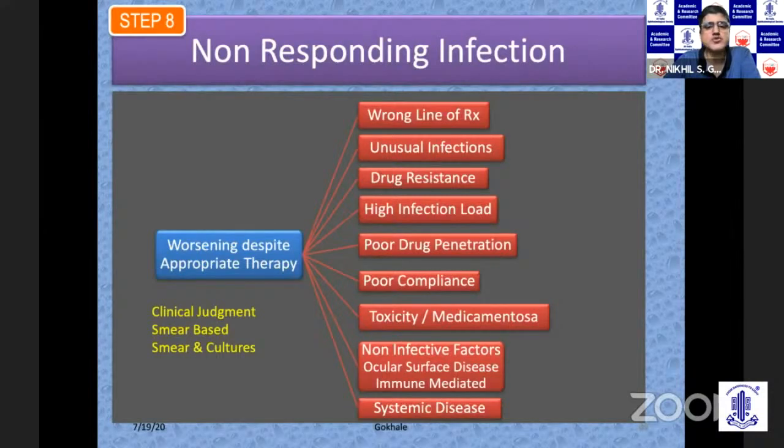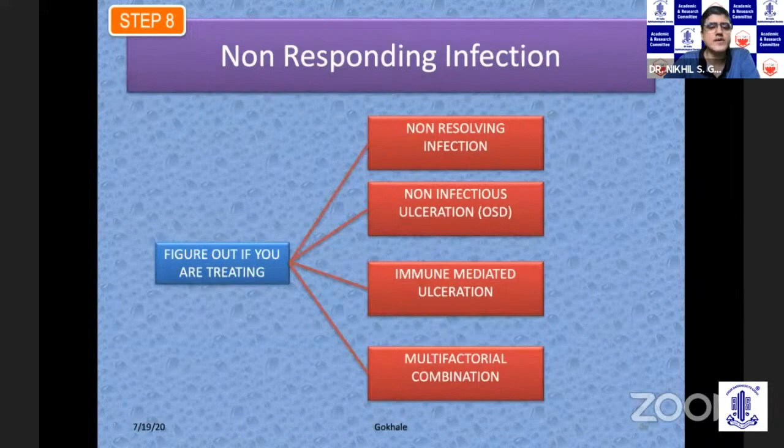There may be issues of poor drug penetration. Not to say you can have issues of poor compliance in some patients. There can be other factors such as toxicity, which may mimic a non-resolving infection, or there can be ocular surface or immune-mediated pathologies, or, as I just said, a high sugar level may just be there, which you're missing out totally.